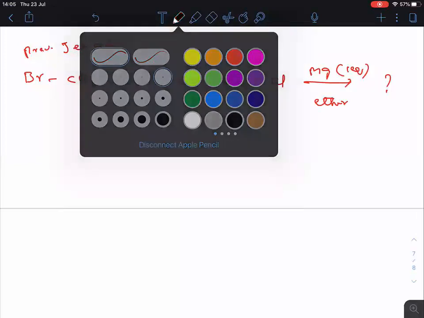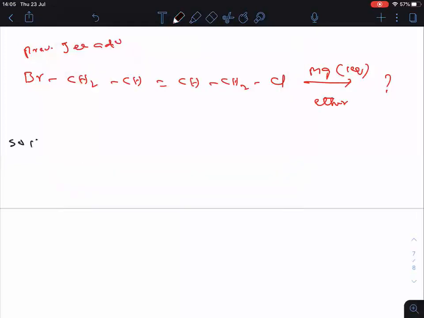So I told you the carbon-bromine bond is weak. Clear? Therefore, magnesium will be inserted between carbon and bromine. So directly can I write here? Then this carbon will get a negative charge. Then MgBr plus is there, that I am not writing. Okay, then what happened here?